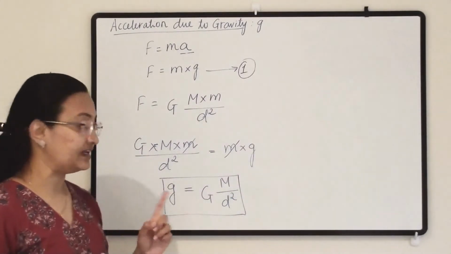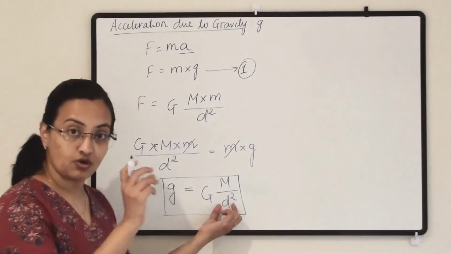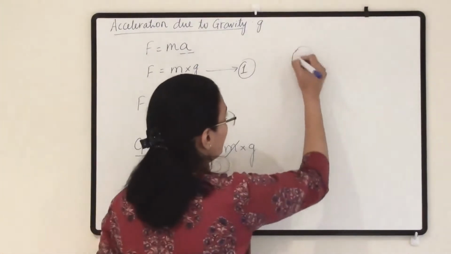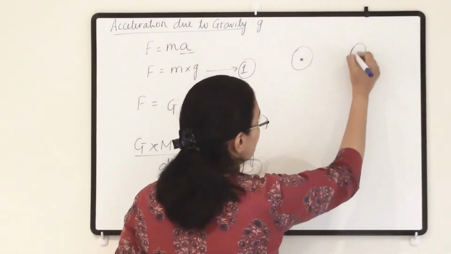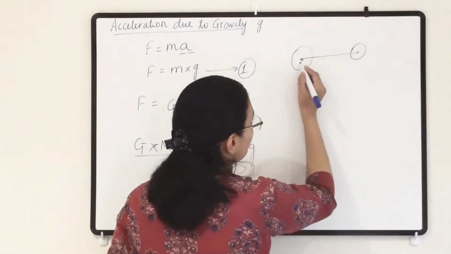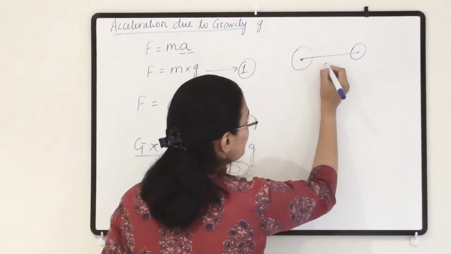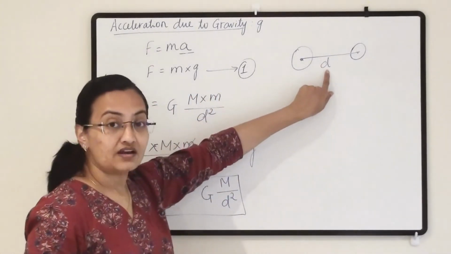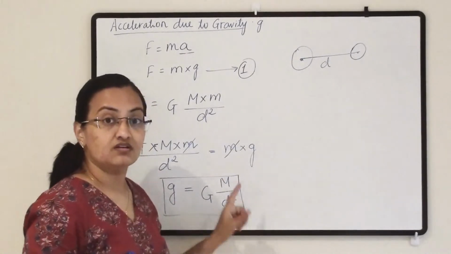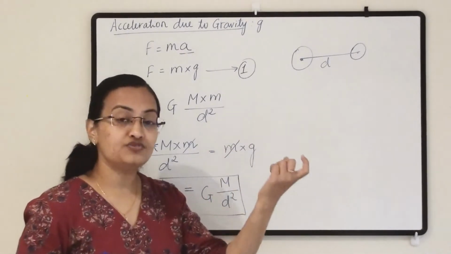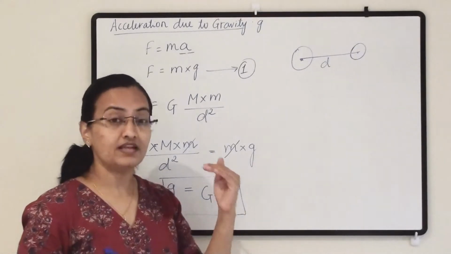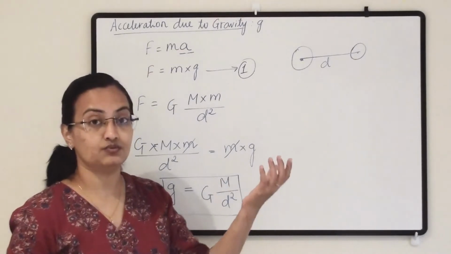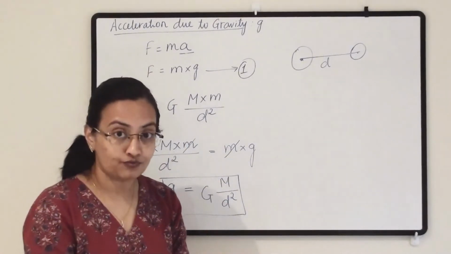So when we are calculating the distance between the object and the earth, whatever distance we have taken in the formula for F, from the center of the first object till the center of the second object, this distance we have called d. Now here we are calculating this formula with the earth's and the object's distance. So any object which is lying on the earth or near the surface of the earth will come in its gravitational force area.